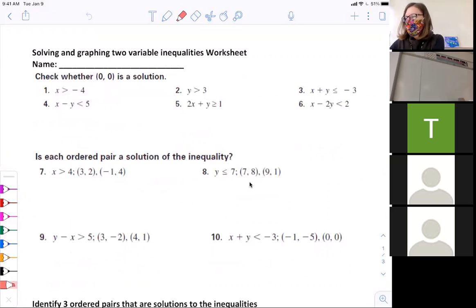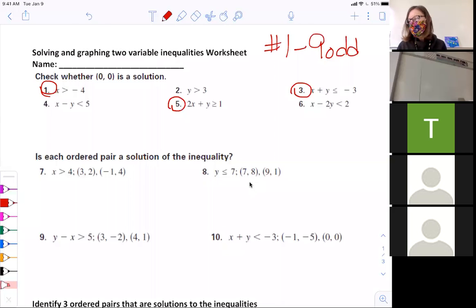The numbers that I would like you to do, we are going to do 1 through 9 odd. So we're going to circle 1, 3, and 5. That's testing to see if the ordered pair is a solution. And then we're going to circle 7 and 9. Testing to see if the ordered pair is a solution.